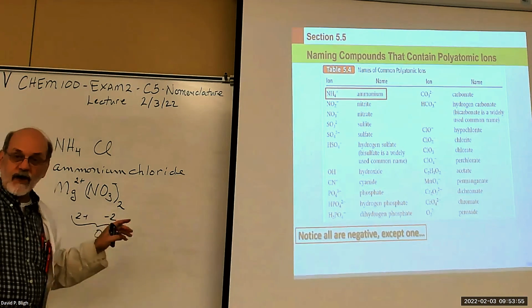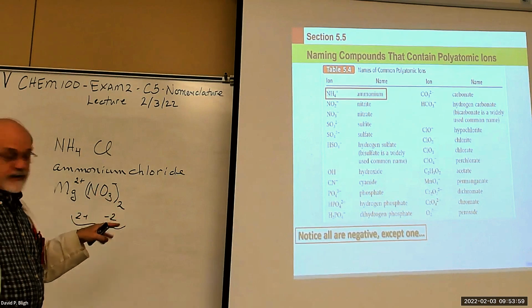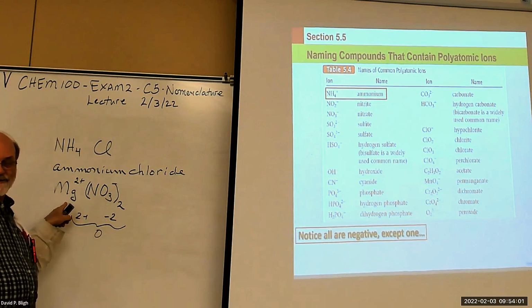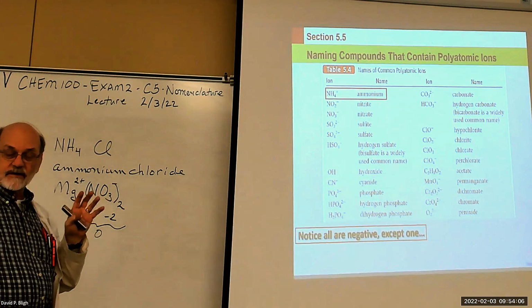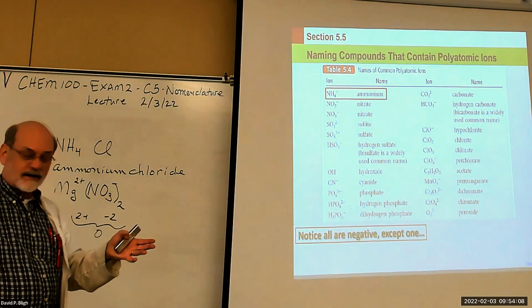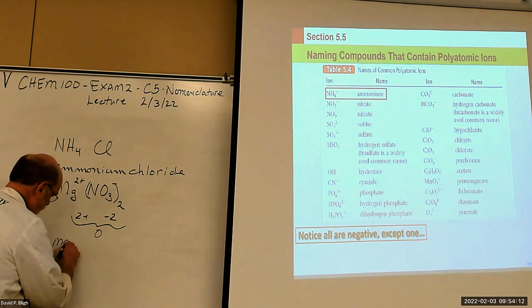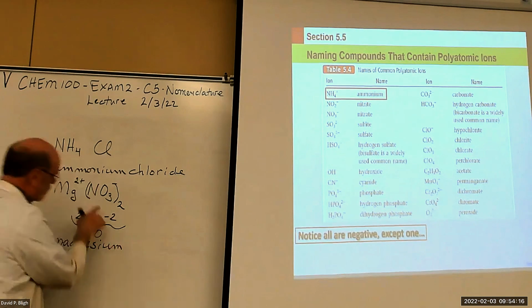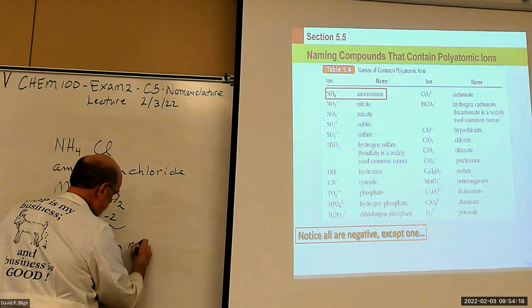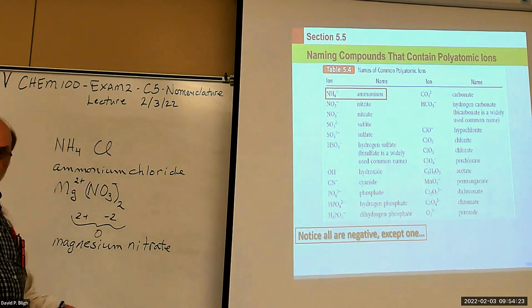And what type of compound is this? Type 1, type 2, type 3. Well, it's not type 3 because there's a metal. So it's either a 1 or a 2. Magnesium is a fixed charge. So it's a type 1. That means we would call it magnesium nitrate.